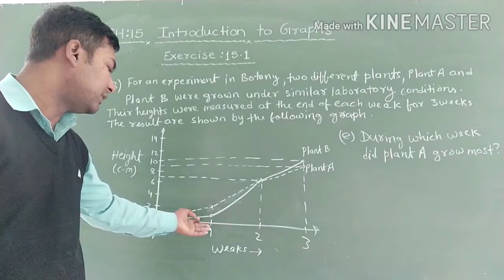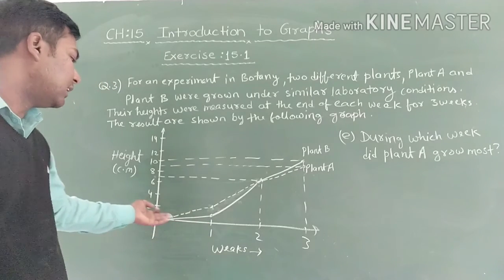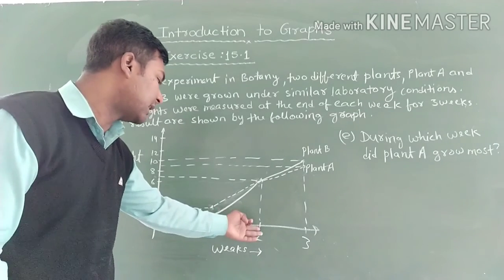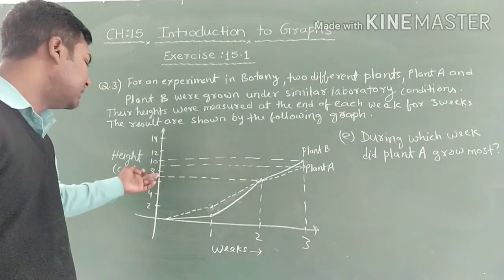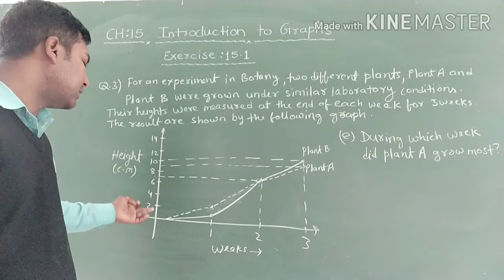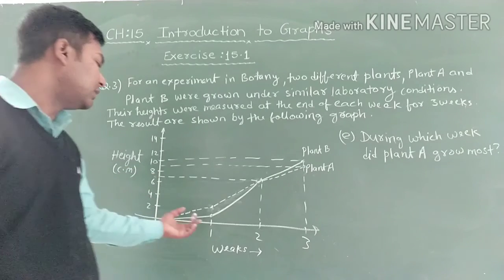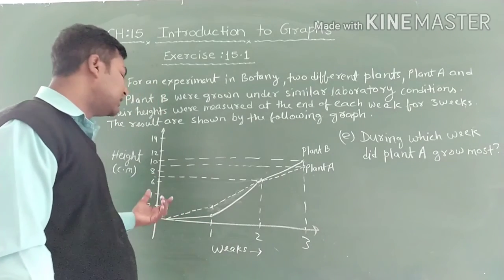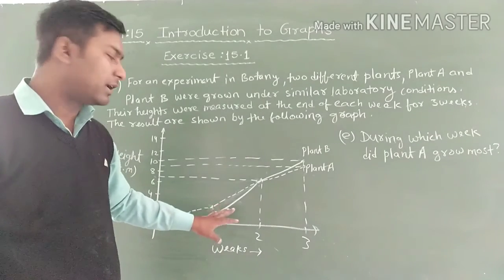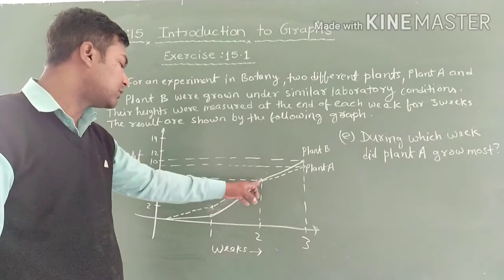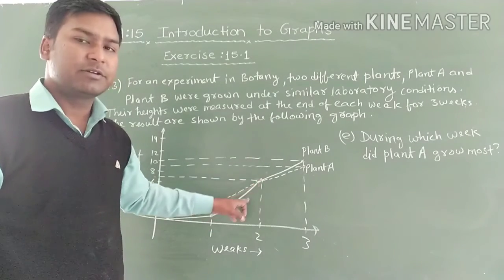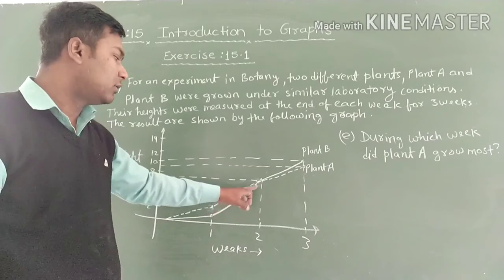After 1 week it is 2 centimeter, and after the second week it is 7 centimeter. So 7 minus 2, that is 5 centimeter. So in this period the plant grows 5 centimeter. Okay, this was the line segment at which plant A grows most.